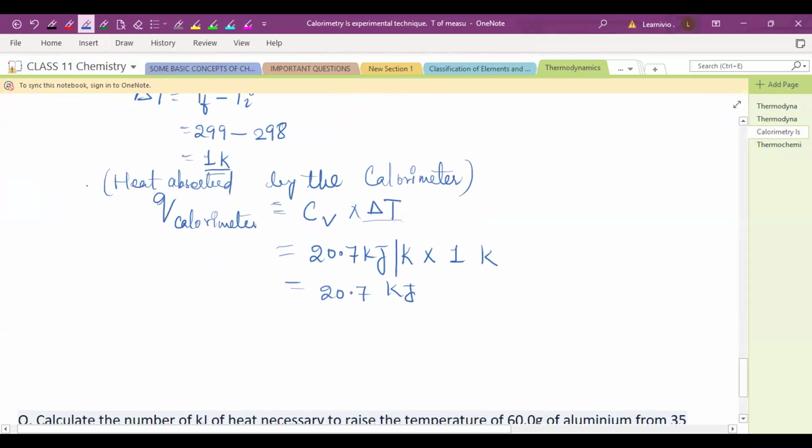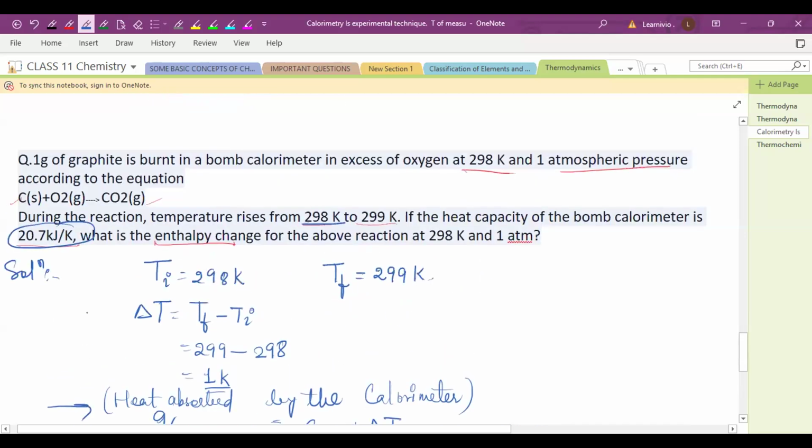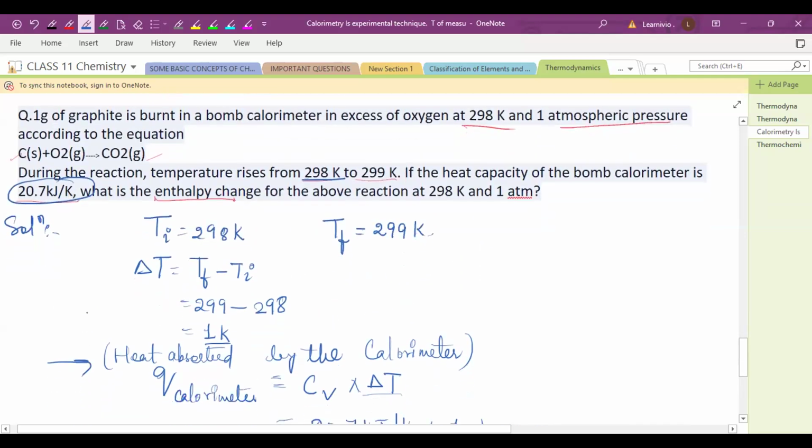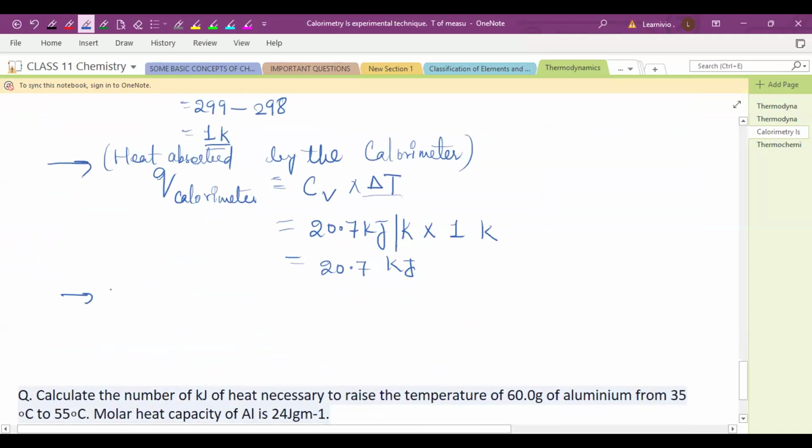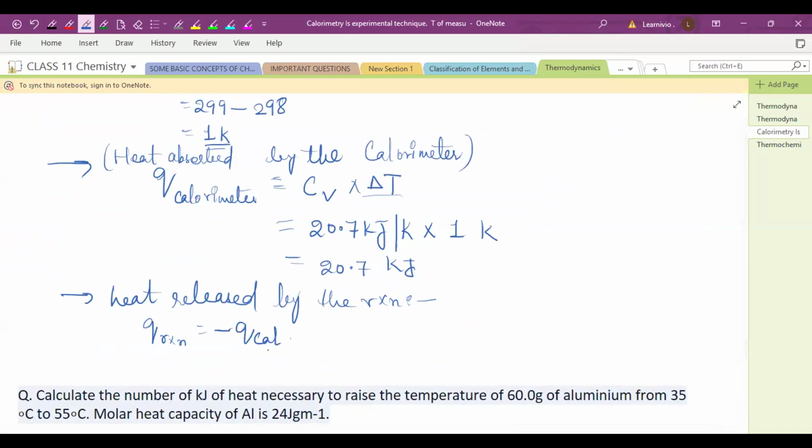Now, the heat released by the reaction. A reaction is taking place here, so heat must be released. Let's check it out. How much heat is released by the reaction? It will be Q reaction. Heat released by the reaction is equal to minus Q calorimeter, because heat is being released here.